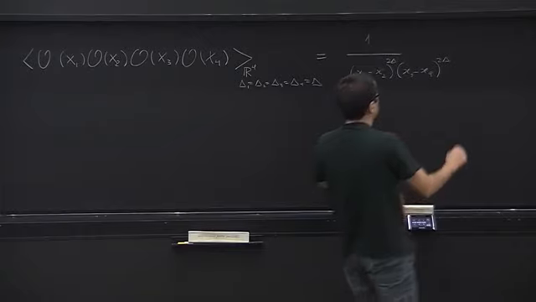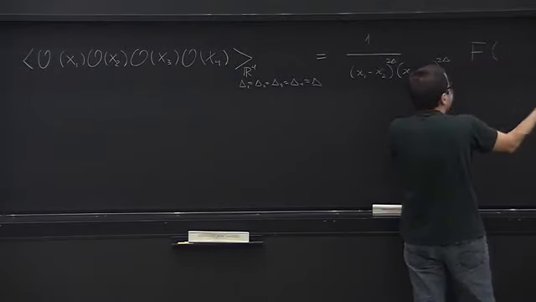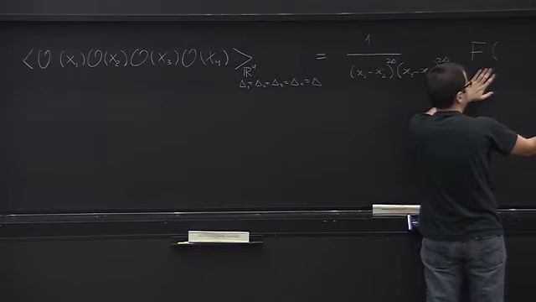But now you can write this multiplied by any function of stuff that is Lorentz invariant and invariant under inversions.